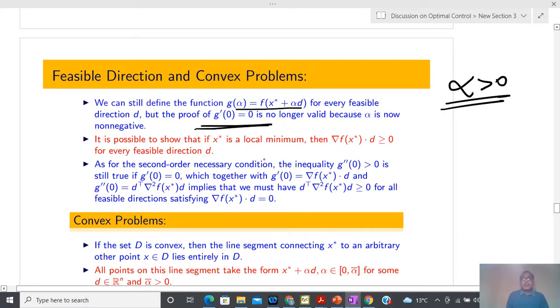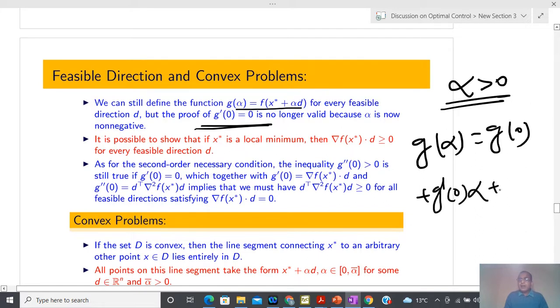Now you can relook at the expression g alpha. I can still perform the Taylor series expansion because it is twice differentiable. So that is g0, g dash 0 alpha, g double dash 0 alpha square, and after that some higher order term of order 2.